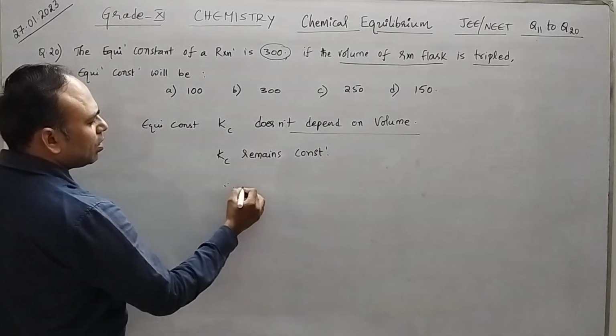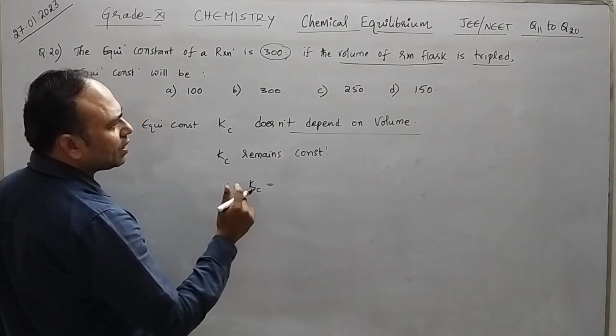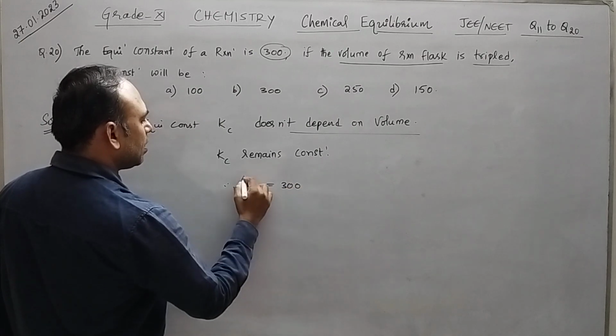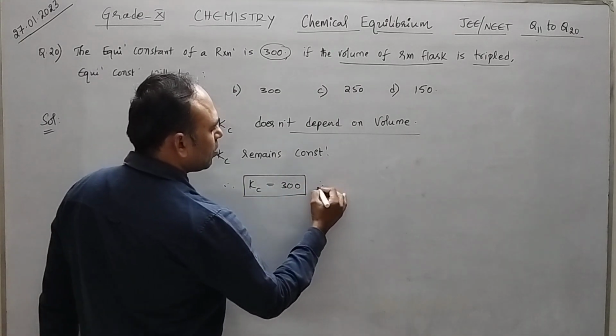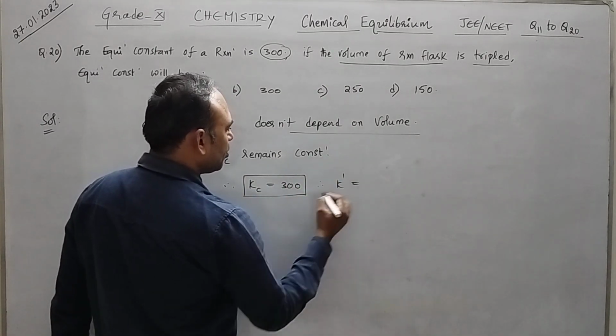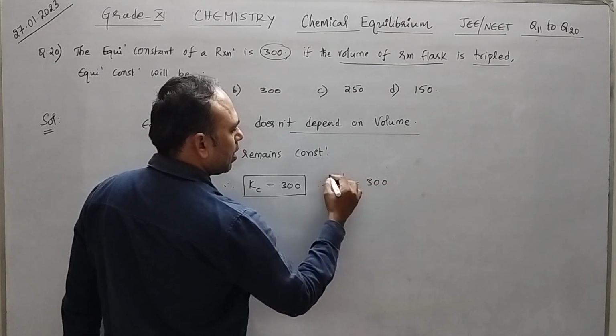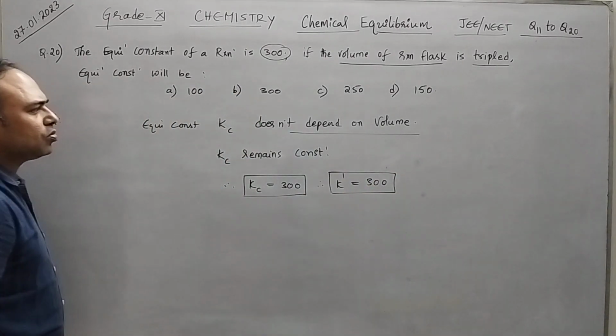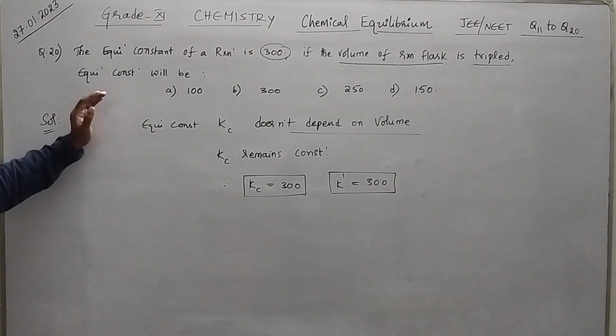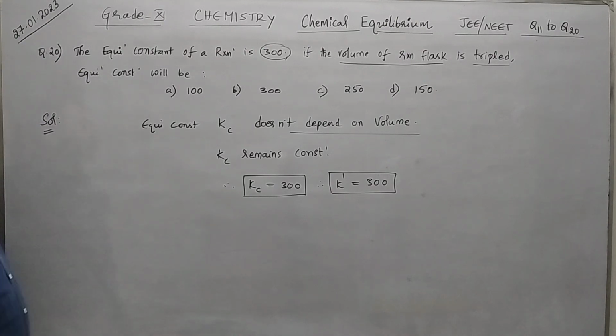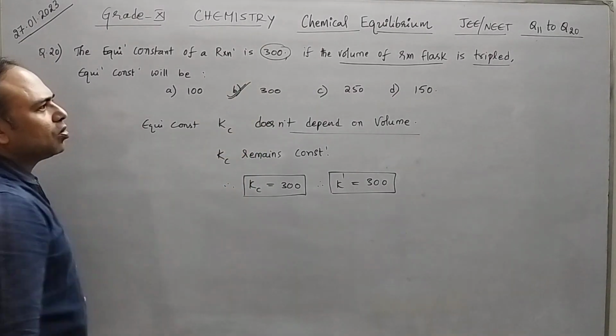So they have Kc as 300. Therefore if volume is tripled, K dash you can also write as 300. So Kc remains constant because it does not depend upon the volume. So the answer will be 300 as such. Hope you have understood this.